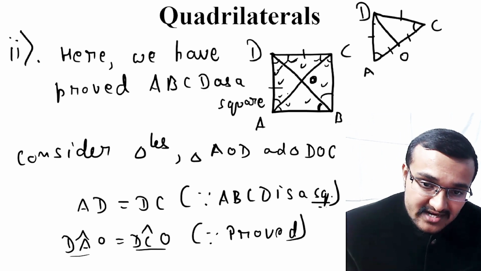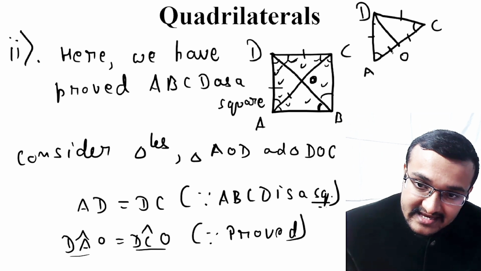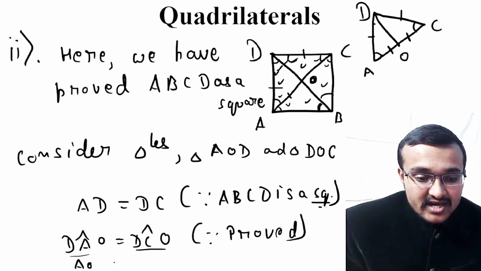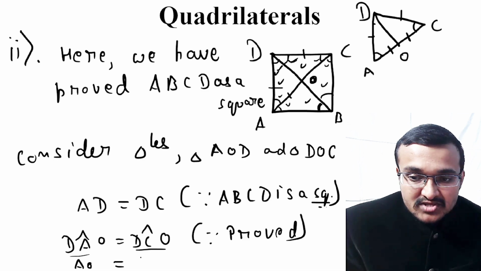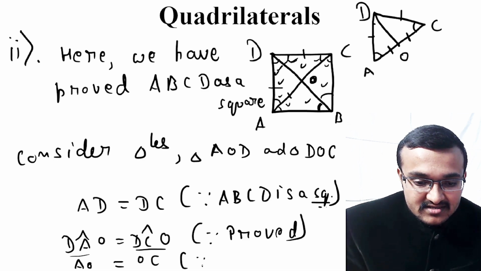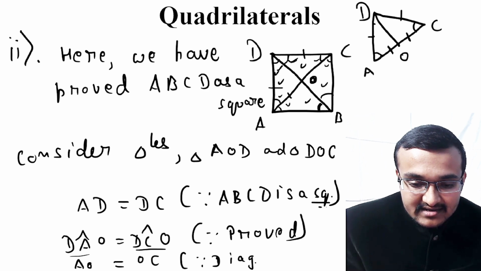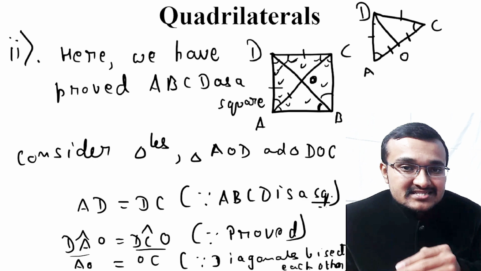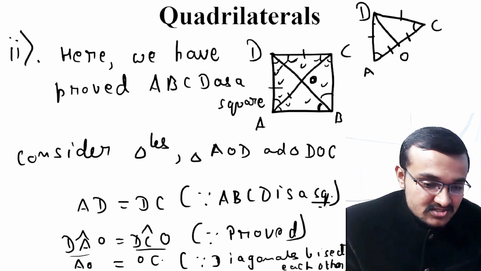Now we know that this particular side AO and this particular side OC are equal to each other, because in a square, diagonals bisect each other. Here in the bracket you can write: diagonals bisect each other since ABCD is a square.